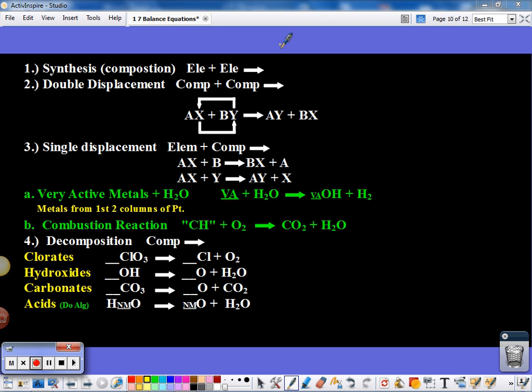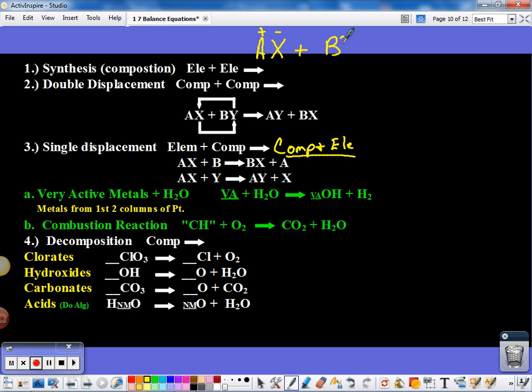So a replacement reaction always produces a compound and an element whenever it's a normal replacement. Then your basic equation is AX plus B, where A has a positive charge and B has a negative charge.